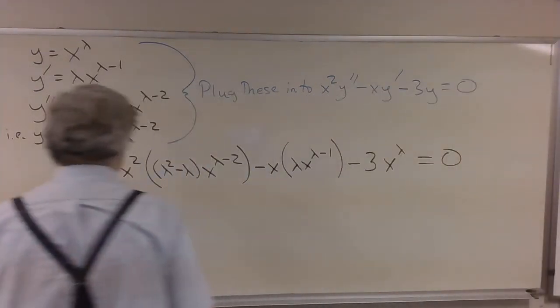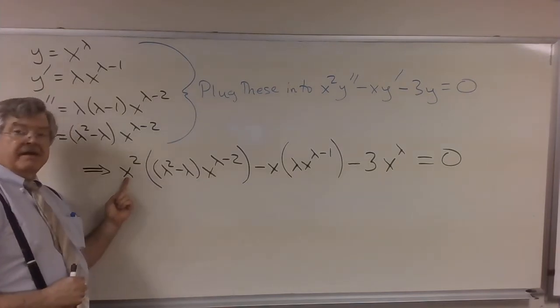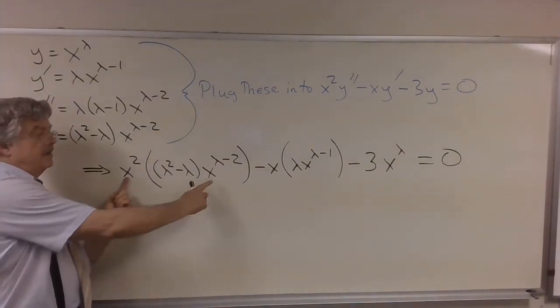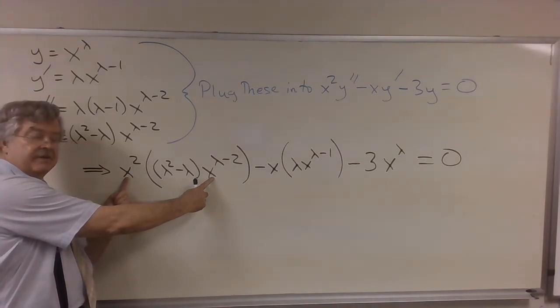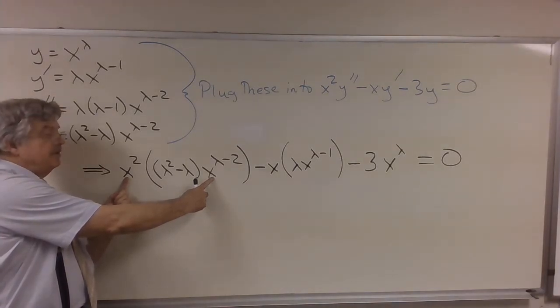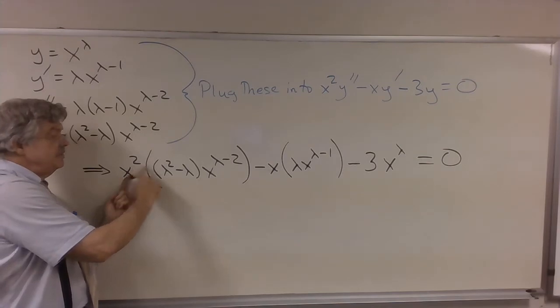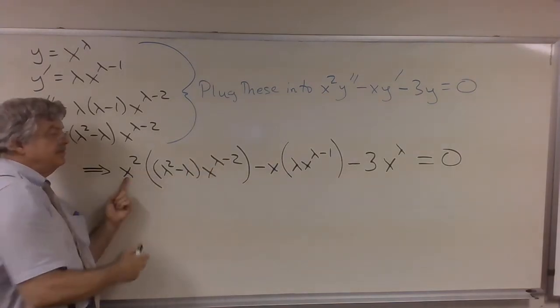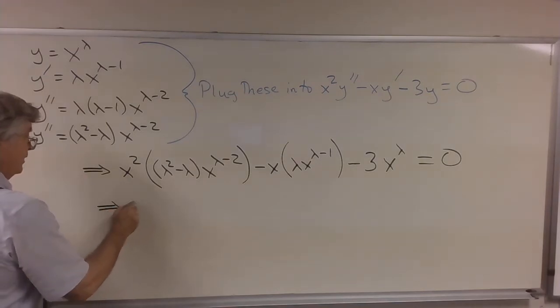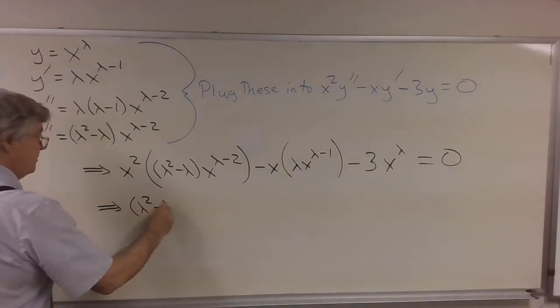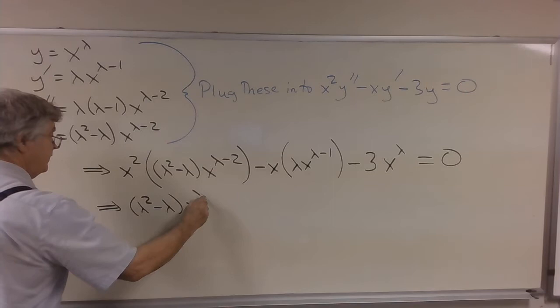Well, notice something. We have x to a power, and we have x to another power, and we're multiplying them together. So the exponents will add: 2 plus lambda minus 2 is just going to give us x to the lambda. So lambda squared minus lambda, x to the lambda.